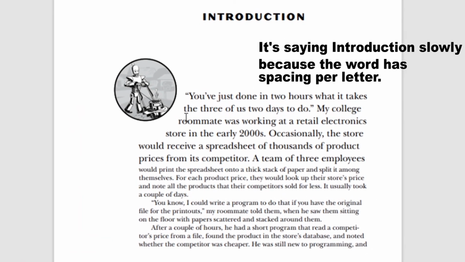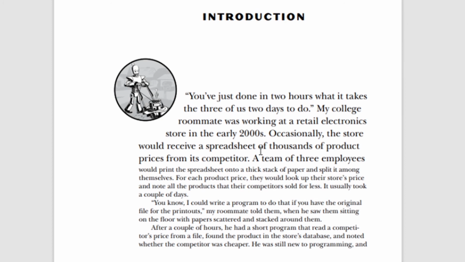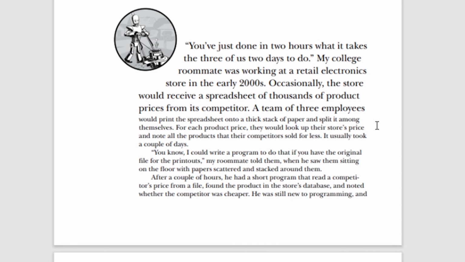Introduction. Your trademark VE just done in 2 hours what it takes. The three of us 2 days to do my college. Roommate was working at a retail electronics store in the early 2000s. Occasionally, the store would receive a spreadsheet of thousands of product prices from its competitor. A team of 3 employees would print the spreadsheet onto a thick stack of paper and split it among themselves. For each product price, they would look up their store trademark S price and note all the products that their competitors sold for less.